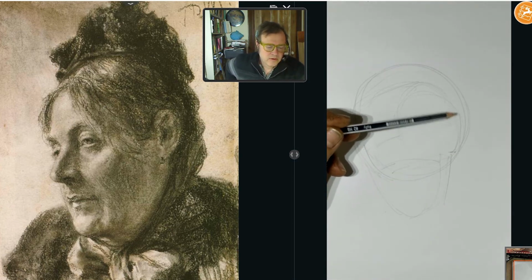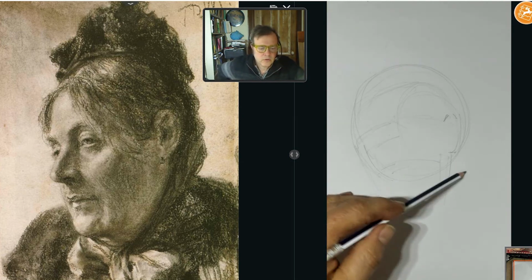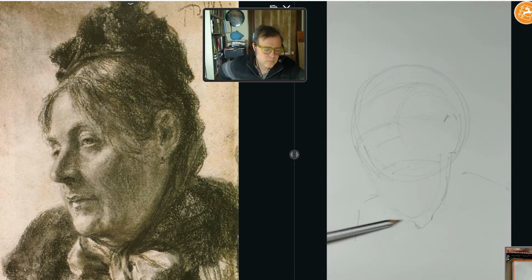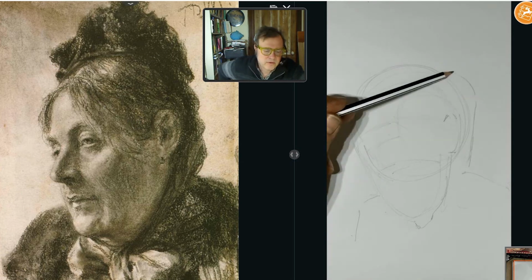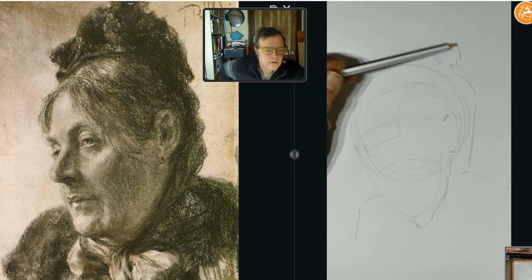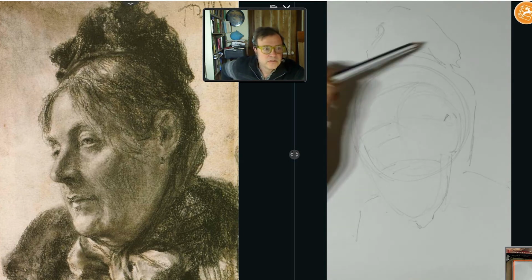Ear is way back here. Collar. And I'm going to mass in the general shape of the hair. You're going to see what that does, including this kind of silly hair bow or whatever she's got on top of her head.